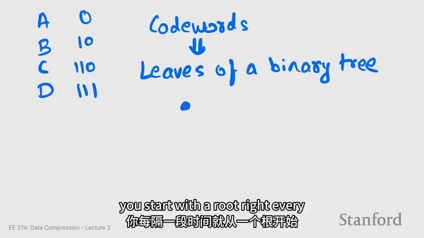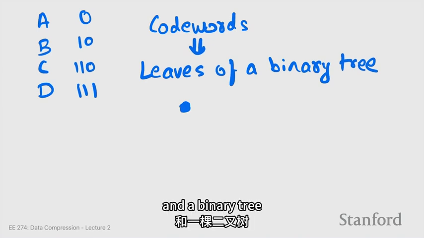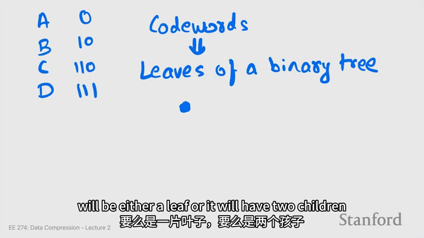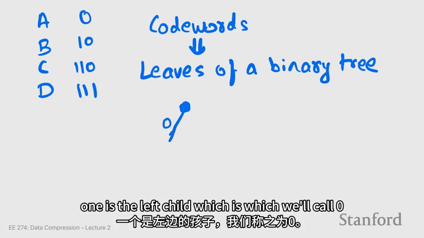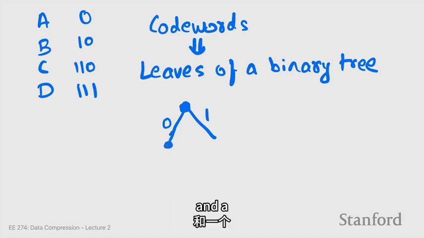So you start with a root. Every binary tree has a root, and any node in the tree will be either a leaf or it will have two children. So the root here has two children. One is the left child, which we'll call 0, and the right child is 1. And A is the leaf here.